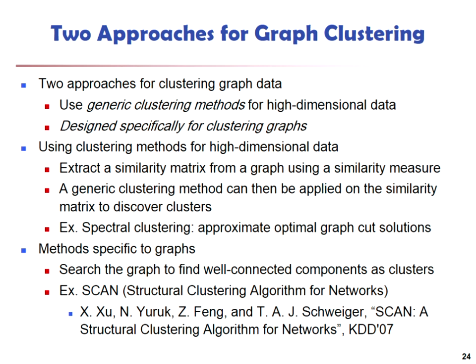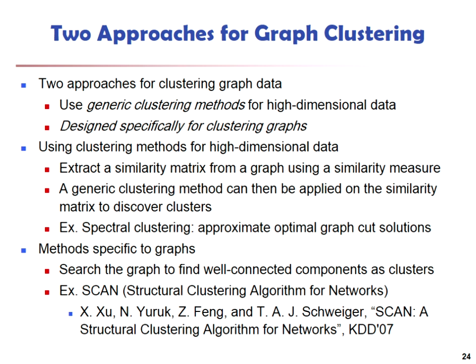Using clustering methods for high-dimensional data, for example, we extract a similarity matrix from a graph using a similarity measure. After that, a generic clustering method can be applied on the similarity matrix to discover clusters. For example, spectral clustering approximates optimal graph cut solutions.